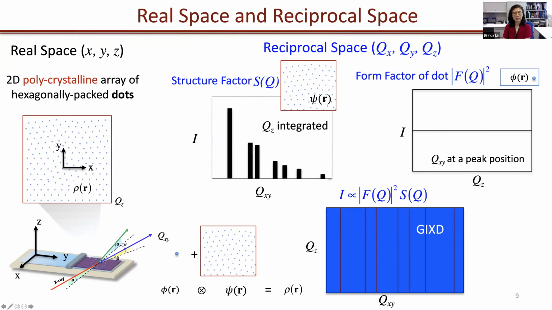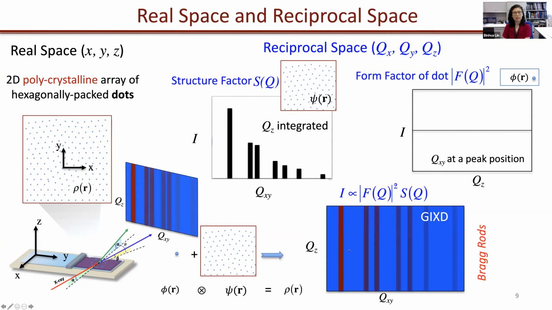And since the form factor is still a constant, it doesn't do anything to the peak. So now the diffraction for this set of data becomes a thicker bunch of lines, the Bragg rods.